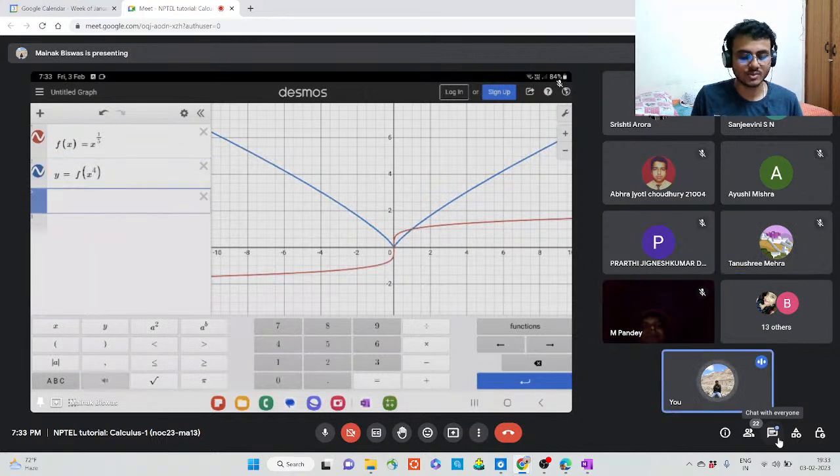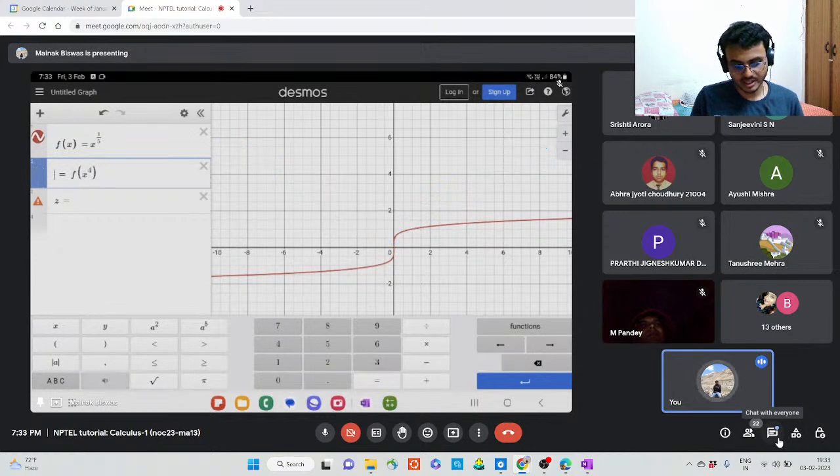Next transformation would be, let us write z as y minus 2. I think this won't work, so we need to put a functional form to it. So let's see, g of x is this.